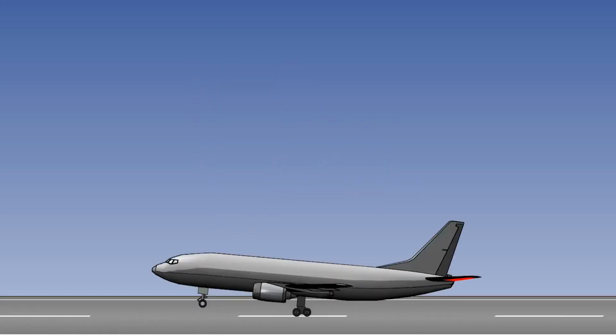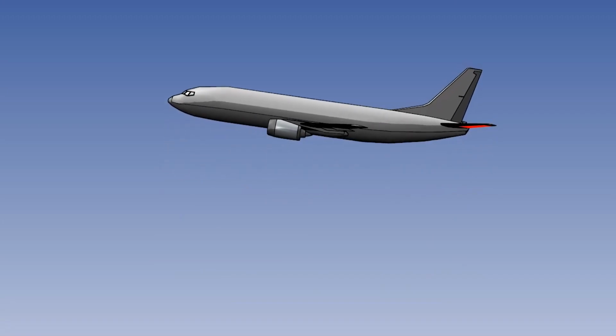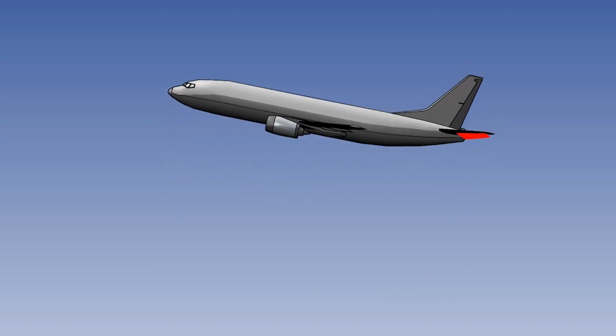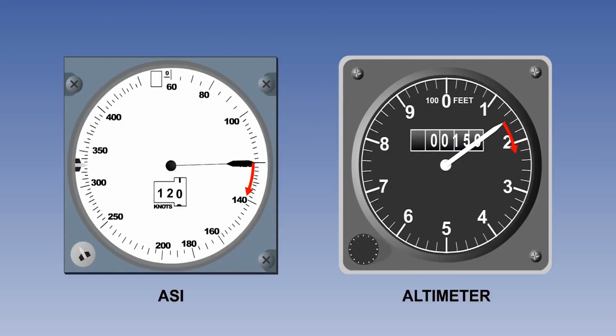The increase in downwash will generally produce a nose-up pitching moment, so the pilot will have to move the control column forward to compensate. The pressure error change, which would occur on entering ground effect, is reversed, with a small local static pressure decrease and a slight increase in ASI and altimeter indications.